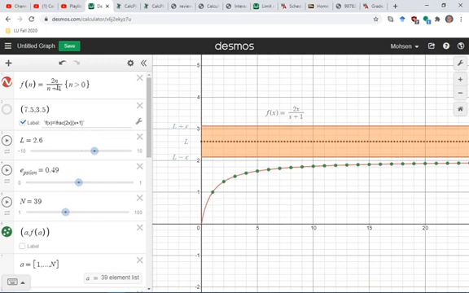When n is equal to 2, this becomes 4 over 3, which is almost 1.3, this point. So these values are represented by these dots, and the red curve is the function itself with all the intermediate values. Well, what's an example of an upper bound?